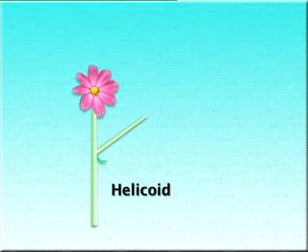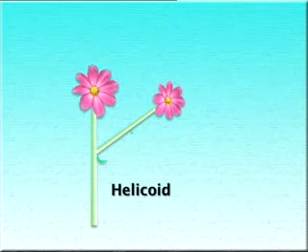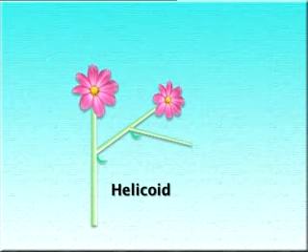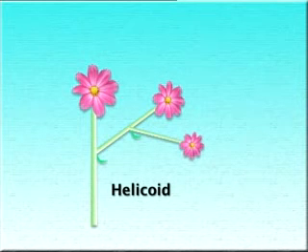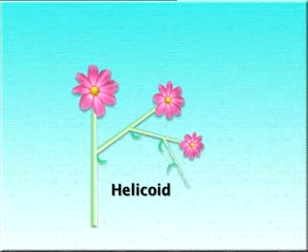The monochasial cyme is of two types, helicoid and scorpioid. In helicoid monochasial cyme, the successive lateral branches develop on the same side, that is either on the right or left side of the main axis, forming a helix.